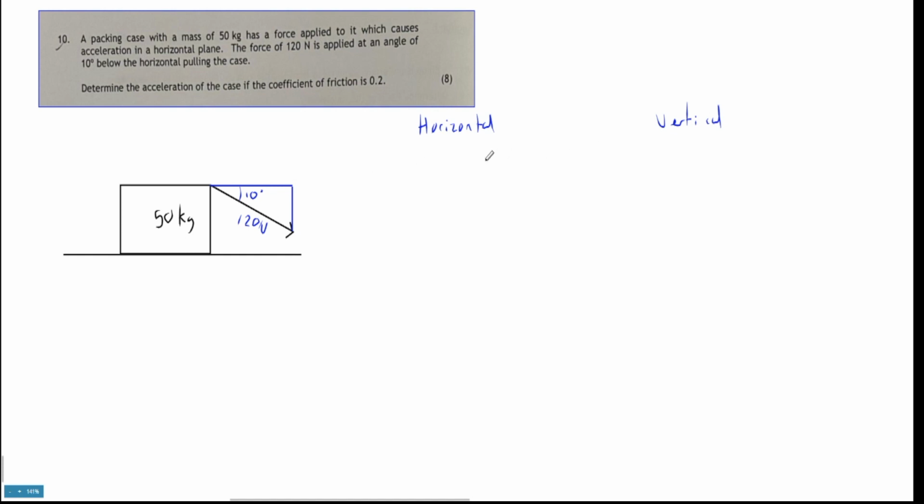I have to do both of them anyway. So we're going to use some SOHCAHTOA. Here's my force triangle. We are pushing down with 120 newtons on the hypotenuse. We already know that it's 10 degrees. Let's use SOHCAHTOA to find out which one we're going to be using. Here's SOHCAHTOA.